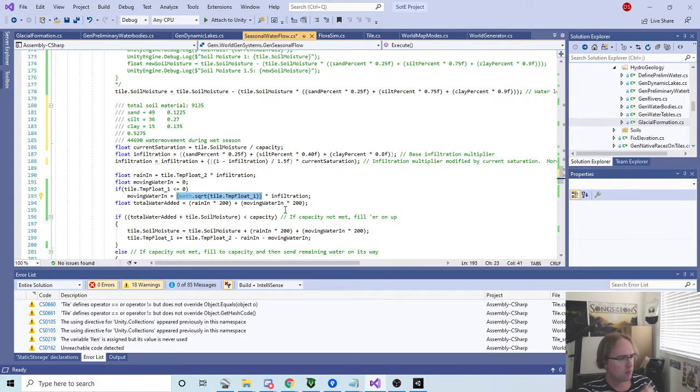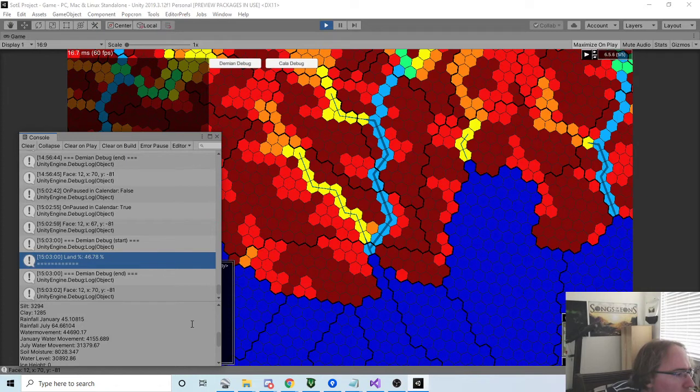So, thing is, there's a lot of water moving through these tiles, and it seems like it should overwhelm the rainfall that ends up in the tile. Curious.